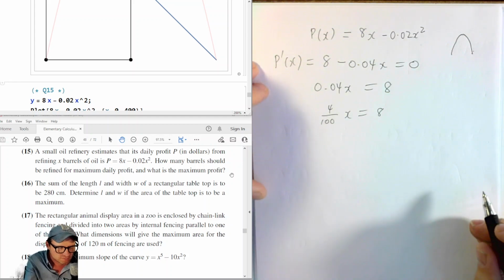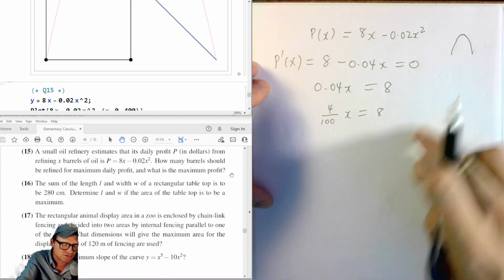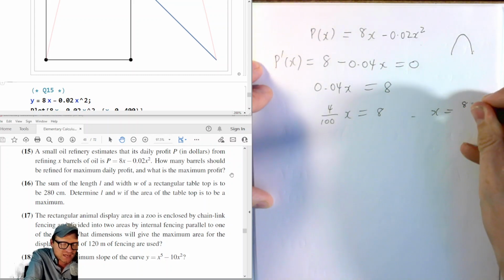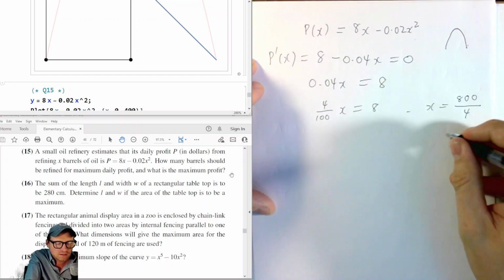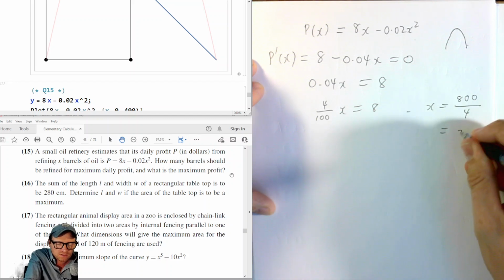Okay, but can we simplify this any? Well, there's no real need to, because I want to divide both sides by that 4 over 100. So x is equal to 800 divided by 4, which is equal to 400 divided by 2, or 200.